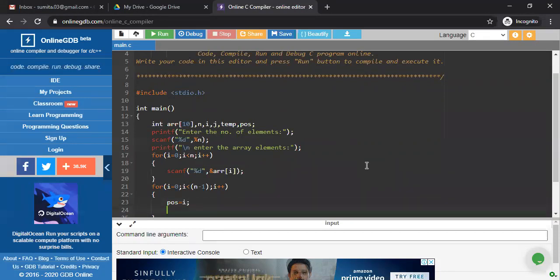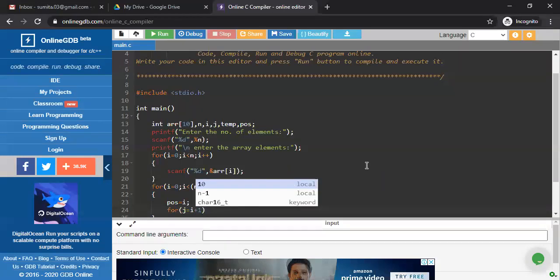Next, after taking the 44, we have to find out the smallest one from the remaining part of my array. For that, we have to execute the inner loop. So j is equal to i plus 1. Why i plus 1?